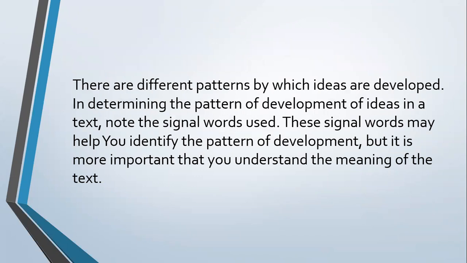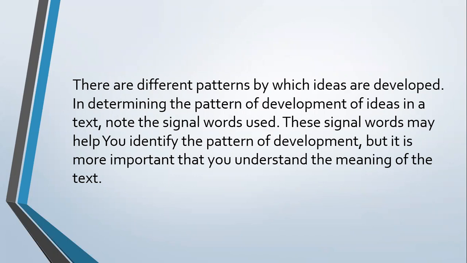There are different patterns by which ideas are developed. In determining the pattern of development of ideas in a text, note the signal words used. These signal words may help you identify the pattern of development, but it is more important that you understand the meaning of the text.